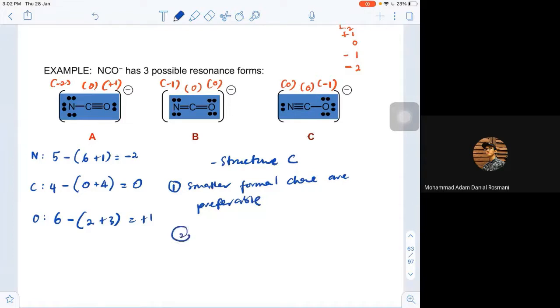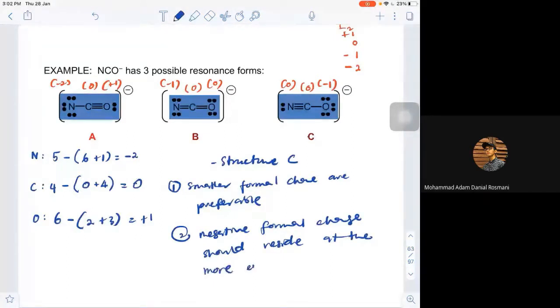And then the second reason is because the negative formal charge should reside at the more electronegative atom, which is oxygen. Okay, so this is how you answer it in the exam.